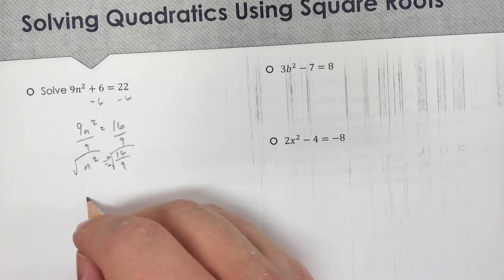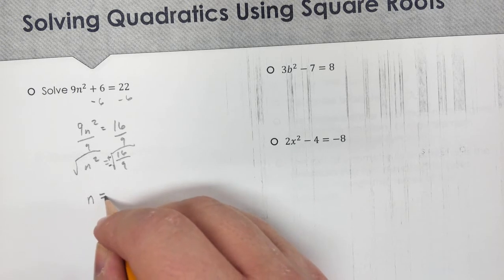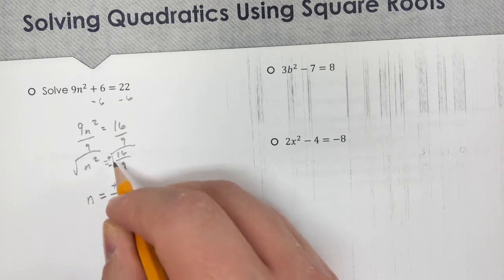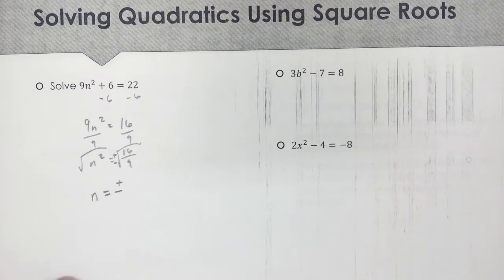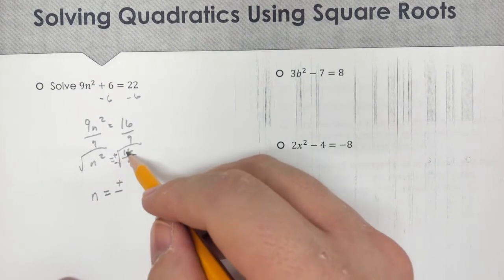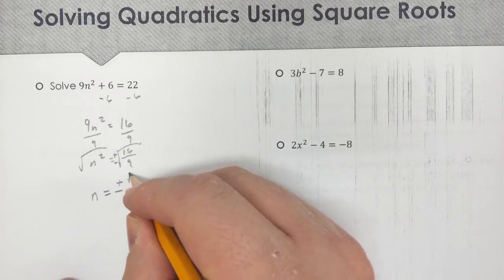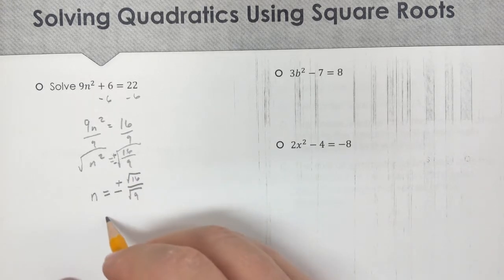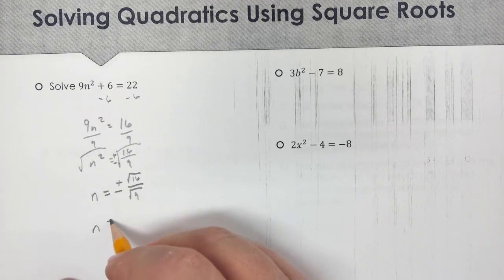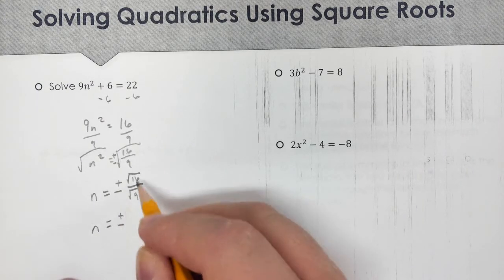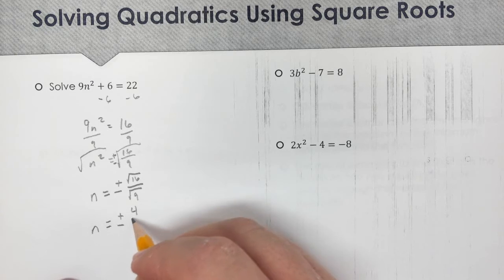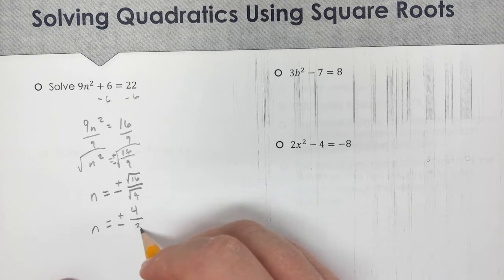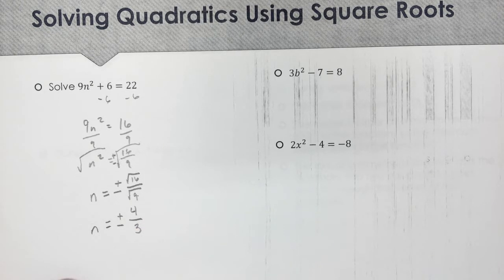Okay, so I get n equals plus or minus this square root. A property of square roots is that I put the square root on top and the square root on the bottom. So square root of 16 over square root of 9, which is equal to n equals plus or minus square root of 16 is 4, square root of 9 is 3. Okay? Easy peasy.